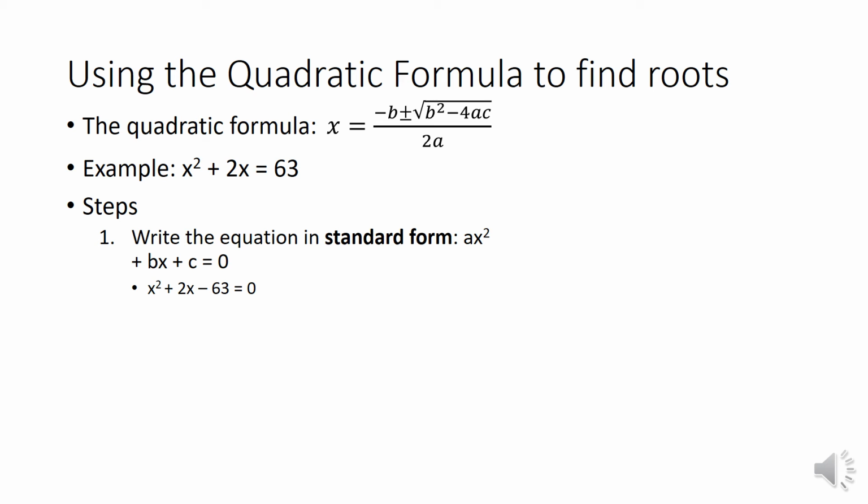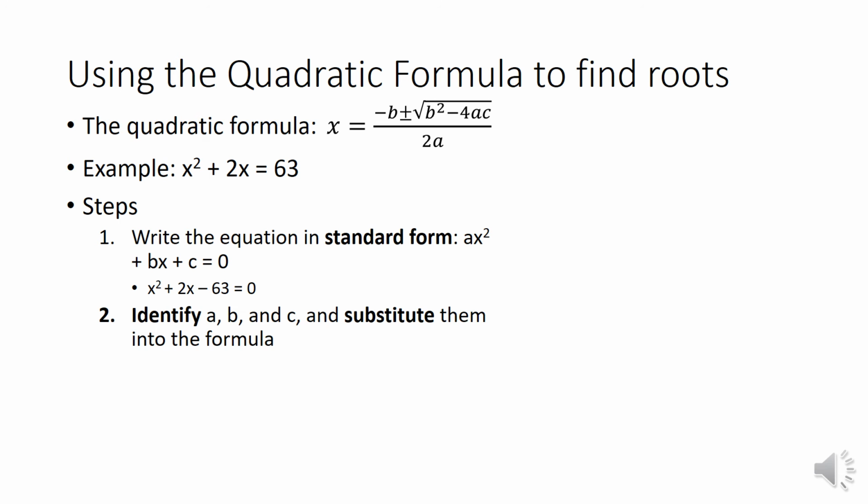Now in step 2, after we've gotten our formula into standard form, we're going to identify what a, b, and c are and substitute them into the formula. So in this case, a is going to be positive 1, b is going to be positive 2, and c is going to be negative 63.